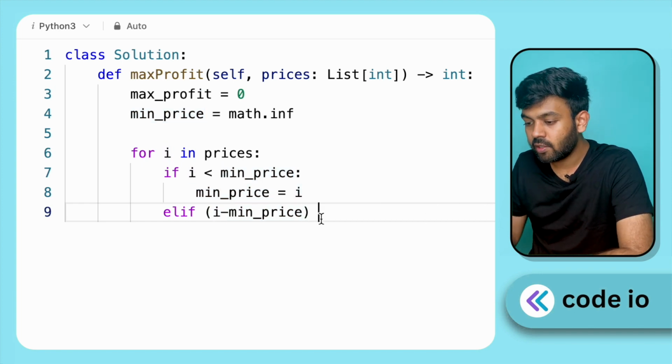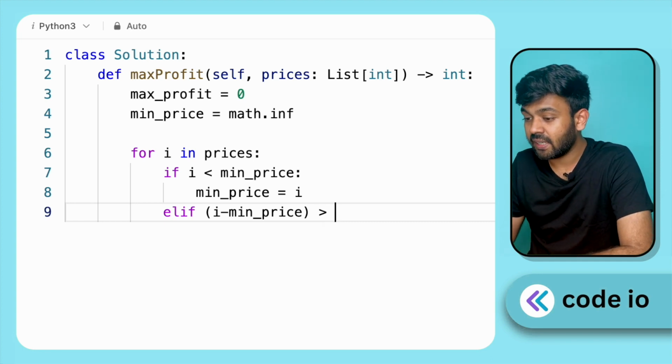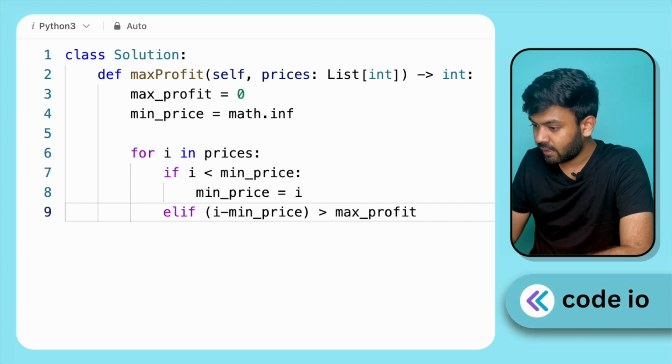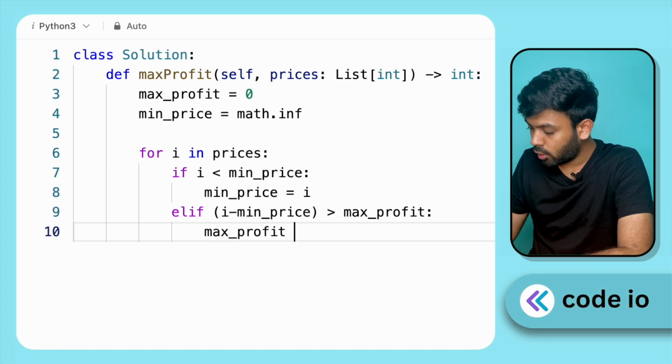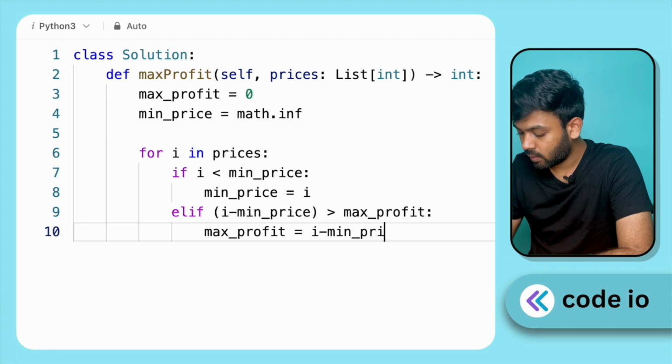So i, your current price, minus min price is going to be your current profit. If it is greater than max profit, in that case, you would update your max profit to i minus min price.